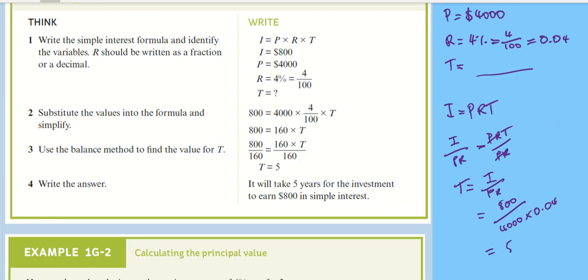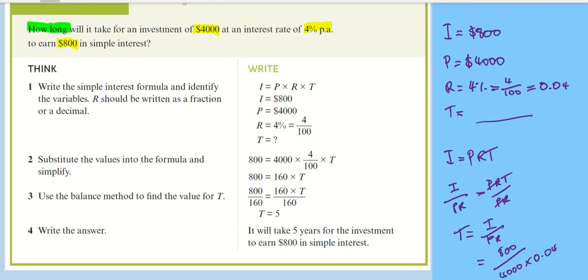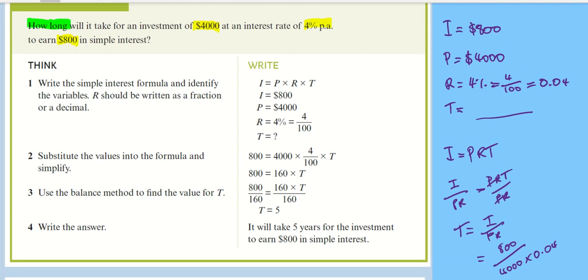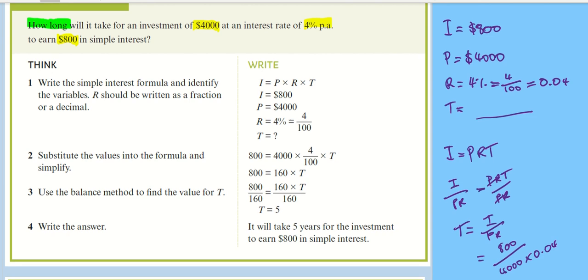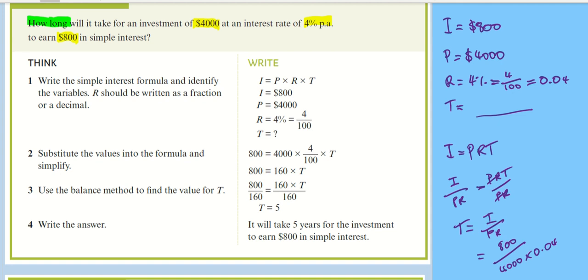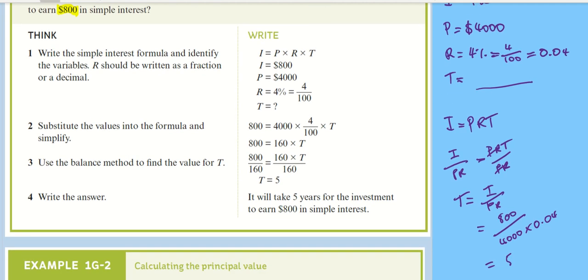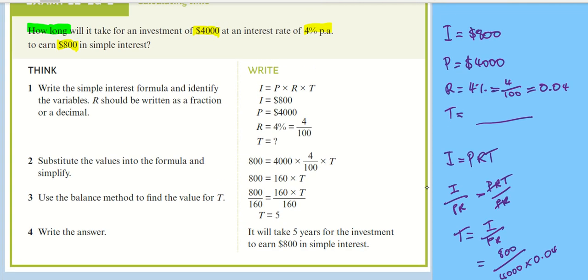So if we make sense of this, how long should it take? It should take 5 years for the investment of $4,000 to reach $800 with an interest rate of 4%. Now, when you've finished this, you've just got this underlined, you can just write that back there.